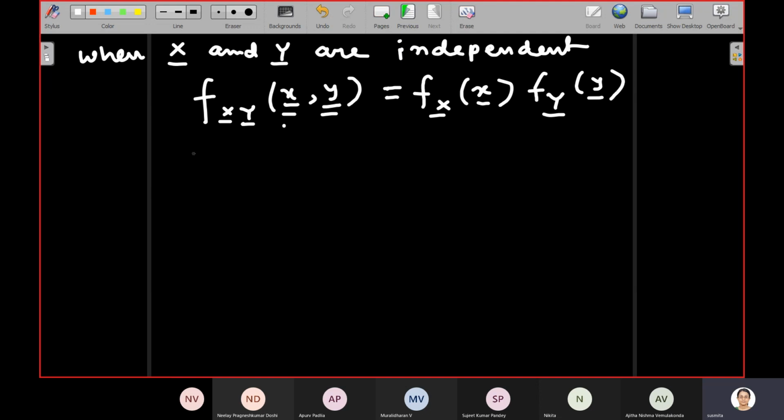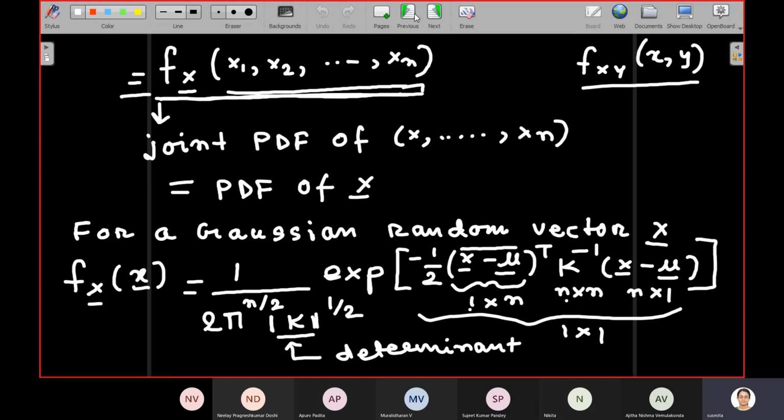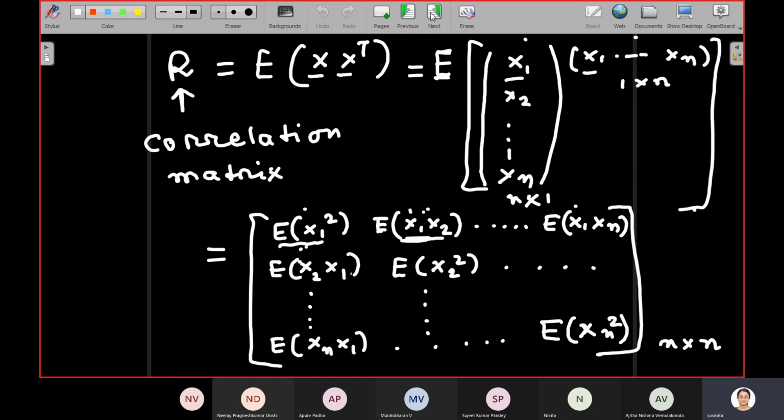Now what happens to this one? Expectation of x y transpose. We wrote the expression for this one, right?